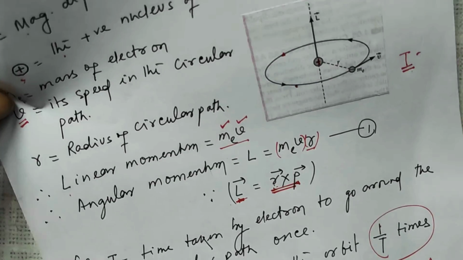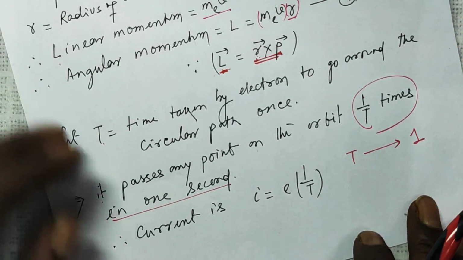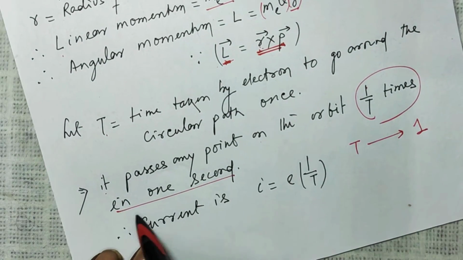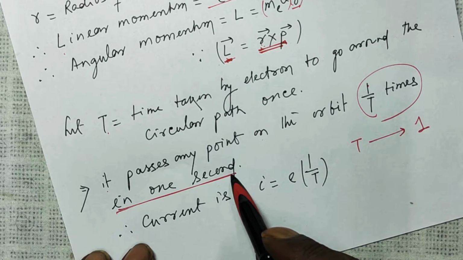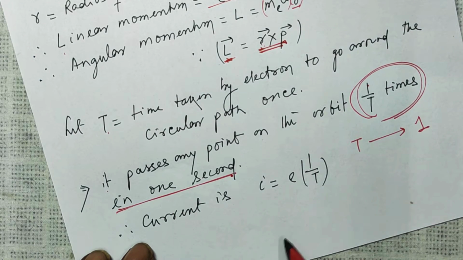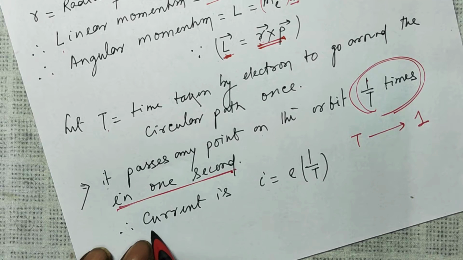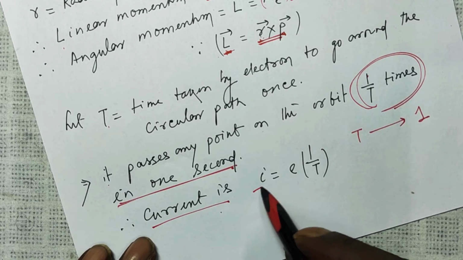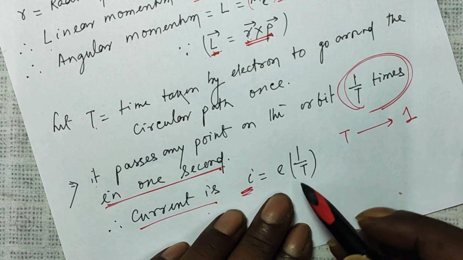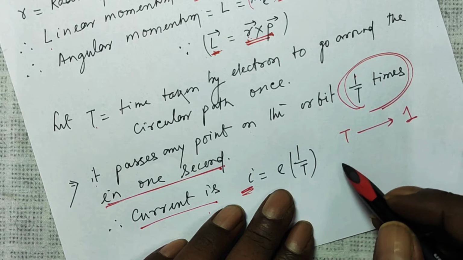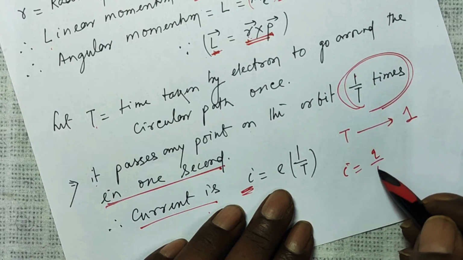So it passes any point on the orbit 1 by T times in 1 second. Means this is the frequency. So the current, as we know, current is equal to charge over time. I is equal to Q by T.